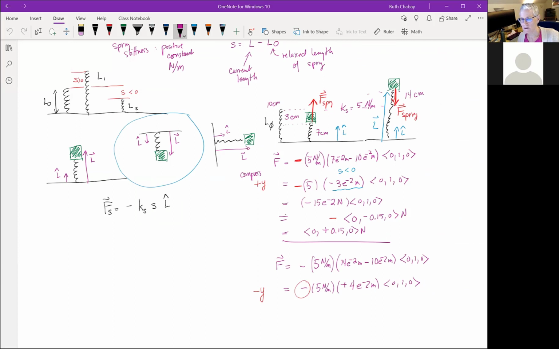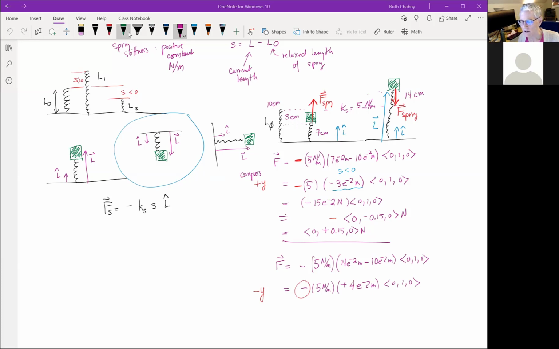Now, what can we actually do with that? Well, we could use the spring force to predict momentum, for example, and momentum to predict position.